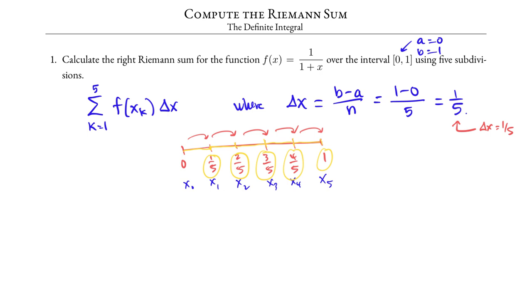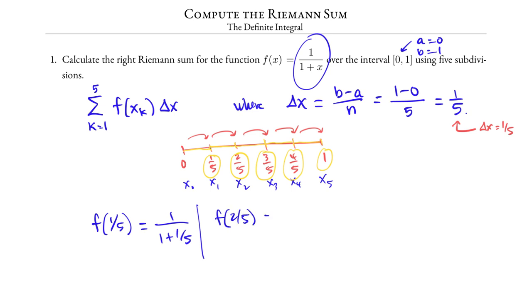The corresponding height, or the functional value, for the first interval is f of 1/5, because again we're using the right endpoint. The function given is 1 over 1 plus x, so f of 1/5 is 1 over 1 plus 1/5. The second interval has the height of f of 2/5, which is 1 over 1 plus 2/5, because the input is now 2/5.